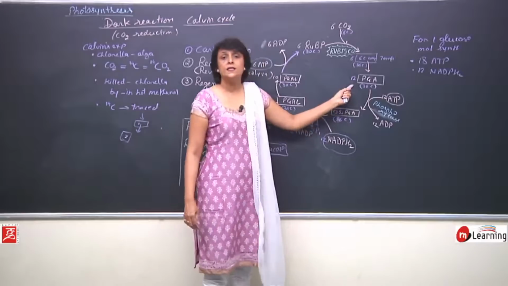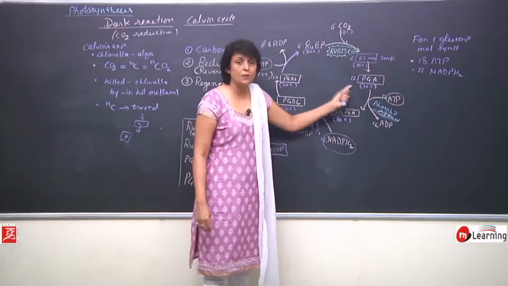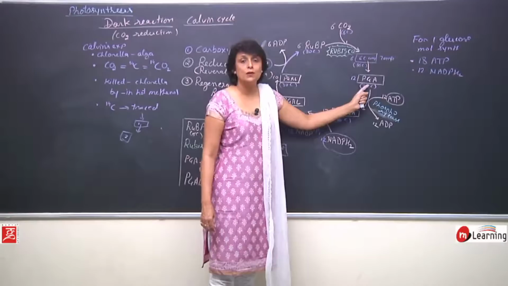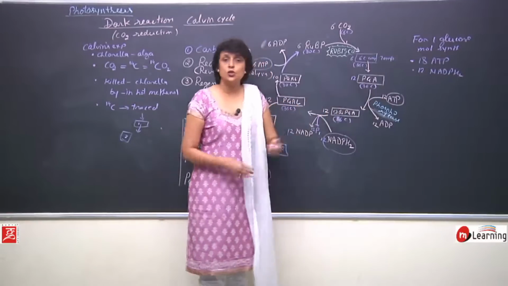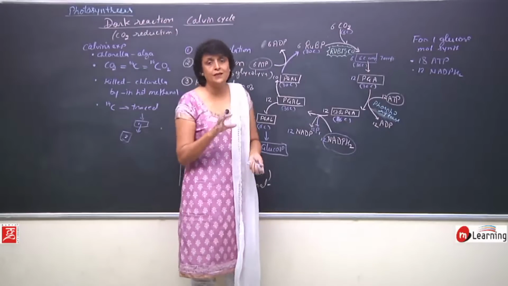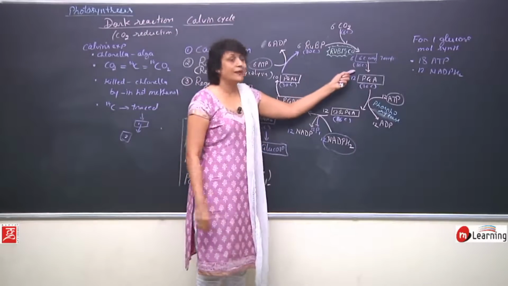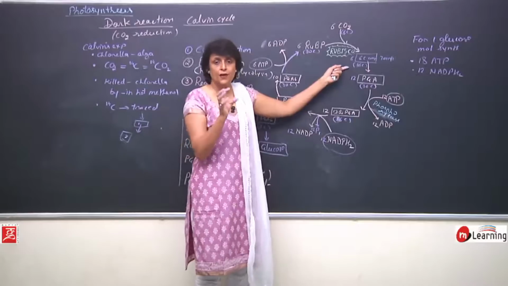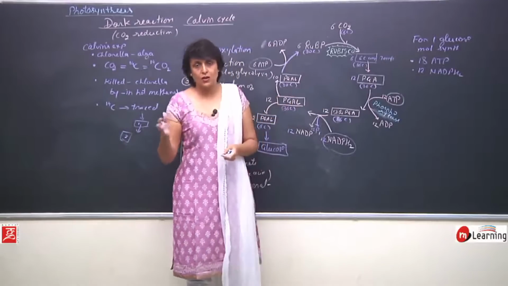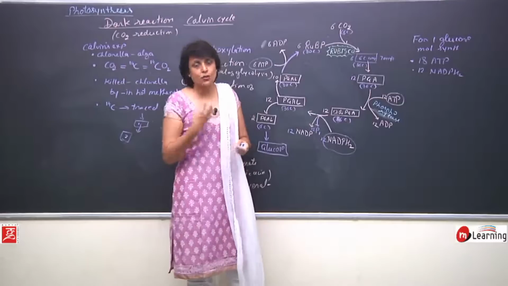The first stable compound which is formed is a 3 carbon compound called phosphoglyceric acid. There is a short lived temporary compound also formed which scientists are not very sure of, but they think that it is a 6 carbon compound. As soon as it is formed, it is dissociated. They are not able to trace it or extract it.